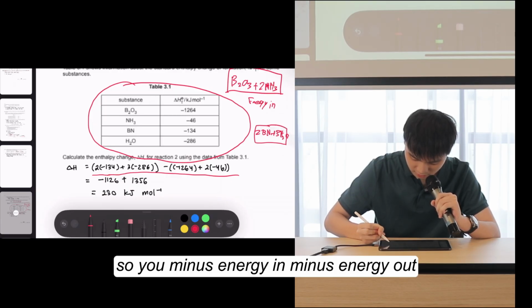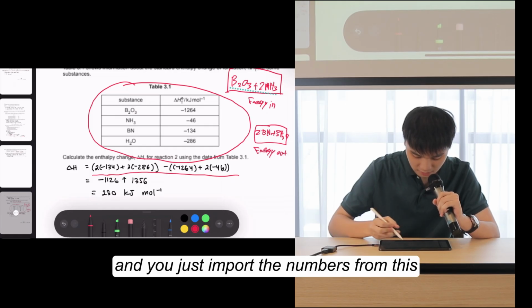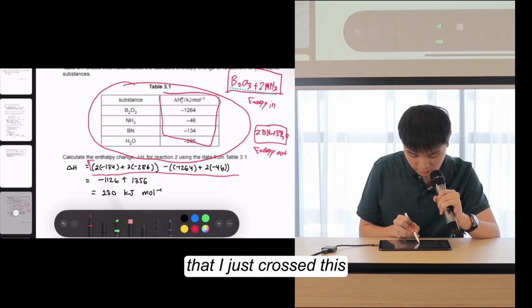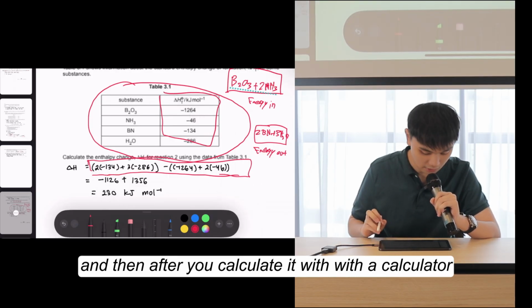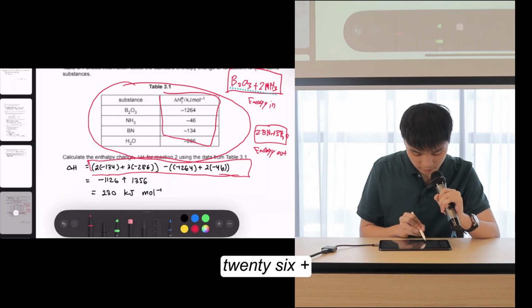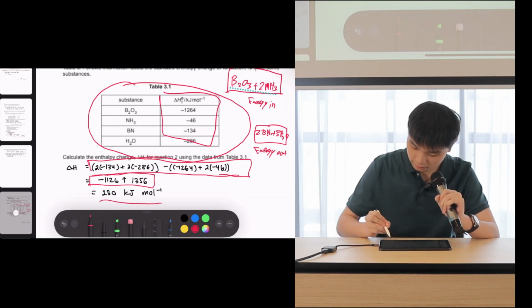So you do energy in minus energy out, and you just input the numbers from the table. So you will get this equation right here, delta H equals this, and then after you calculate it with the calculator, you will get negative 1126 plus 1356, which results in 230 kilojoules per mole.